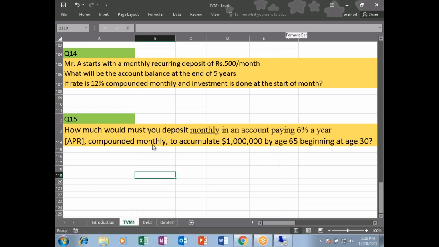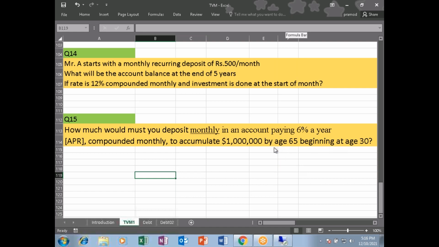Then it should be divided by 12. Sir, we then should take two ages also. In case of 30 years, how much will we get? In case of 65 years, by the age of 65, beginning at the age of 30, they are telling.